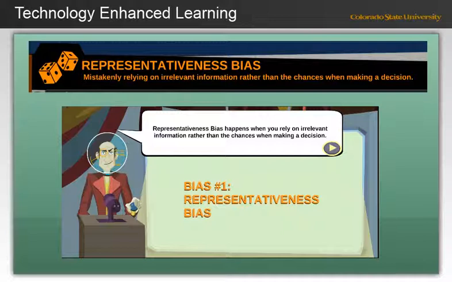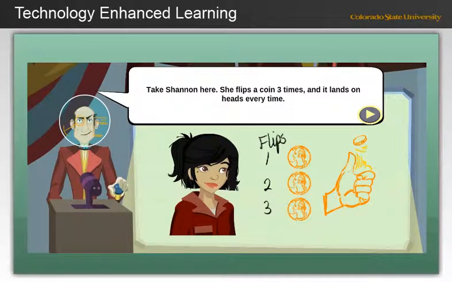So representativeness bias is this bias where you rely on irrelevant information rather than more relevant information, which is the chances or the odds of a particular situation. So the game gives you a scenario in the training as you're being trained, where Shannon here flips the coin 3 times and it lands on heads every time.